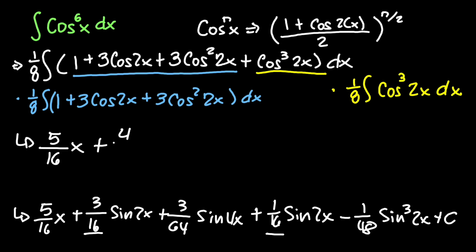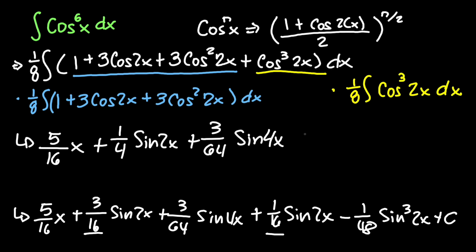This would be 4 over 16, or 1/4 if you reduce it. Sine 2x plus 3 over 64 sine 4x minus 1 over 48 sine cube 2x plus the constant of integration.